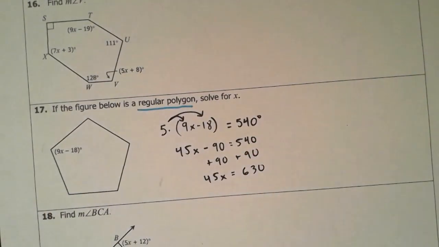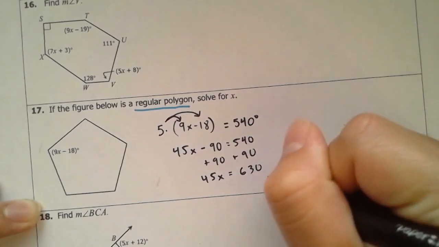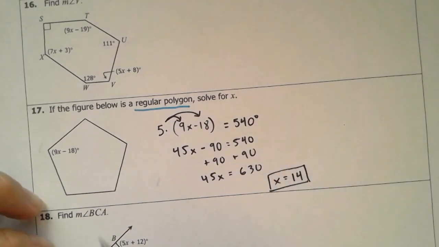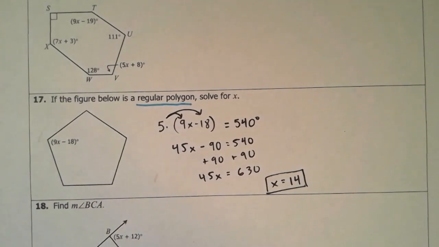Then in your calculators, you'll do 630 divided by 45, and you'll get that x is equal to 14. So the value of x inside this pentagon is 14.